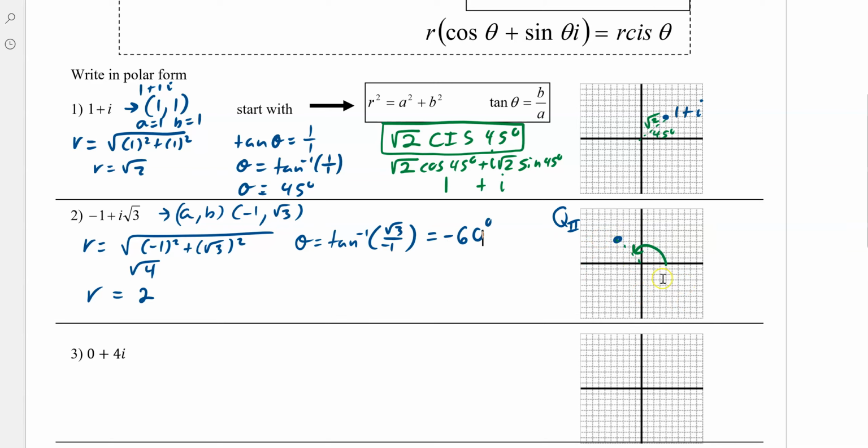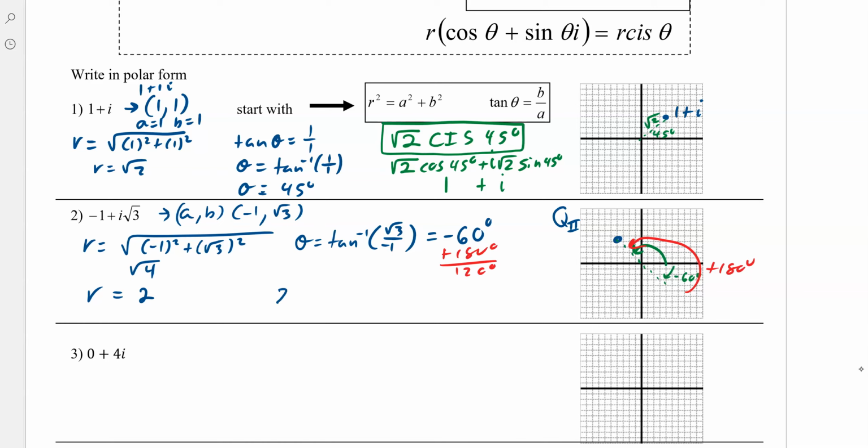So what angle would we actually be using? So if you think about it, this right here is negative 60 degrees. So to get it to go all the way back here, all we're going to do is add 180 degrees. So if we add 180 degrees to this, we get 120.